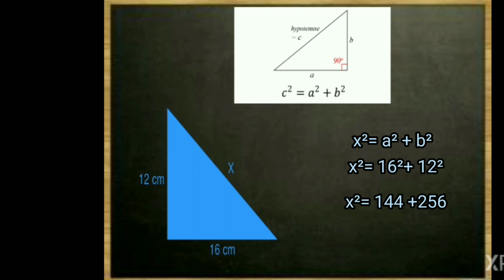So we now have the equation x squared equals 144 plus 256. After that, just add these numbers, and it becomes 400. To solve for x, just take the square root of both sides. Then x is equal to the square root of 400. Since 400 is a perfect square, the square root of that is 20. So x is 20 centimeters.